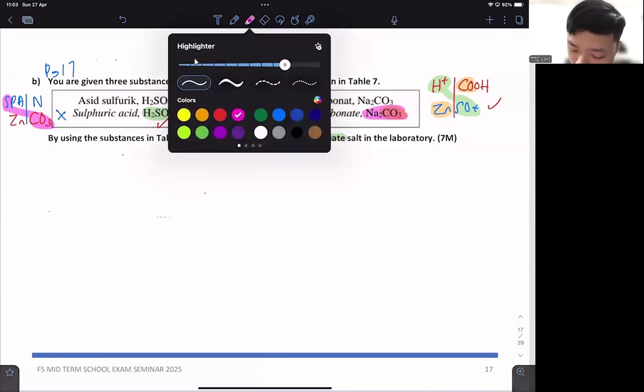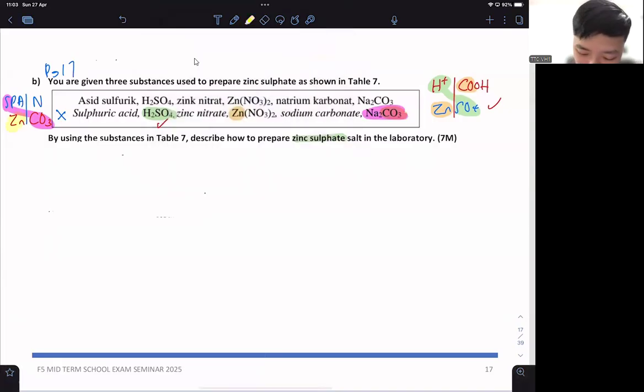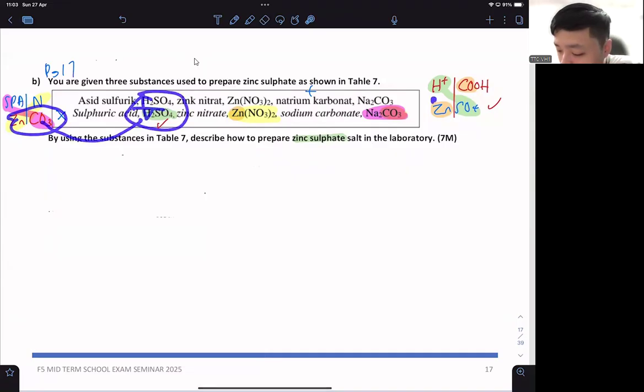The second one, I got zinc nitrate. This one very tricky. You have to prepare two times because sometimes exam like this, they won't give you direct lah. So use these two added together to prepare zinc carbonate. Then I take the zinc carbonate, add into the acid. Then only you can get zinc sulfate.